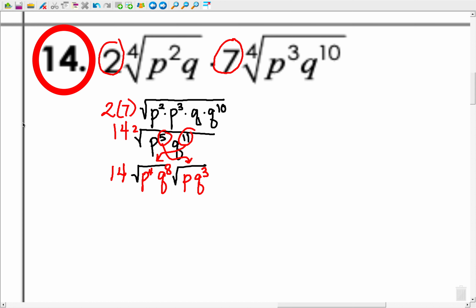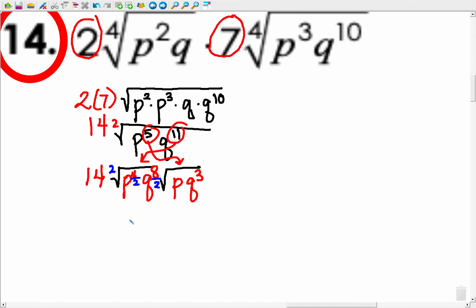Now all I have to do is take this invisible understood 2, divide these exponents here, and I'm going to have 14, I'm just bringing the 14 down, times p to the 2nd, q to the 4th, and then in the radical, it's going to be p q to the 3rd.